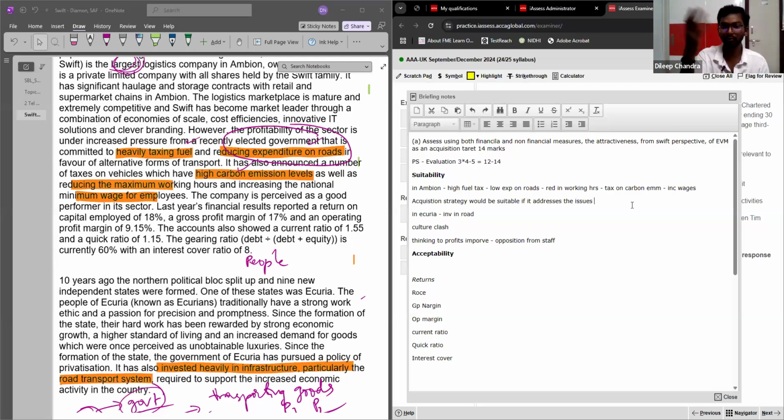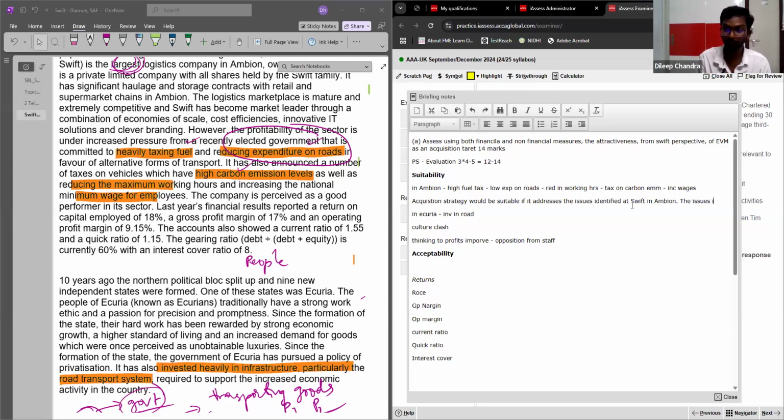These are all the issues, right? High fuel tax, low expenditure on roads. If it addresses the issues identified at SWIFT in ambient.